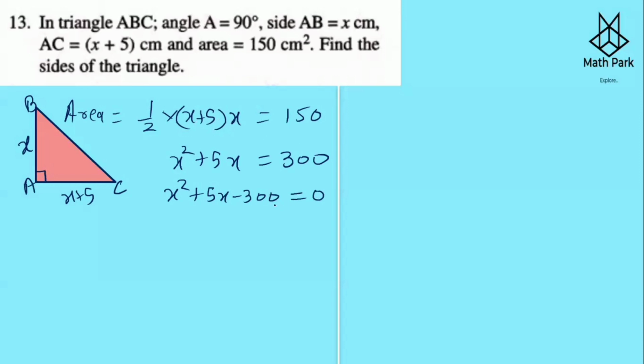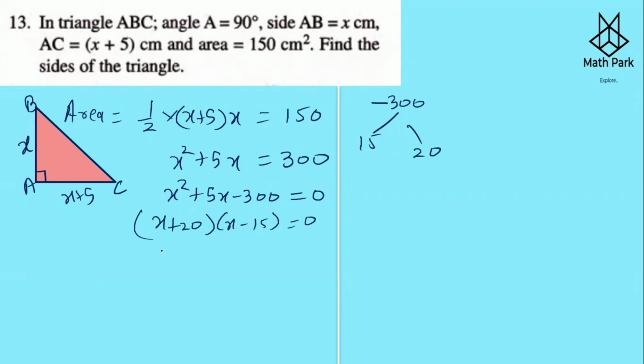Let us factorize this. So we need to find the factors of 300 such that the difference is 5. So 300 is 15 times 20. The bigger one is going to be positive. So 20 and 15, 20 minus 15 is 5. So we get the factors as x plus 20 into x minus 15 is equal to 0.